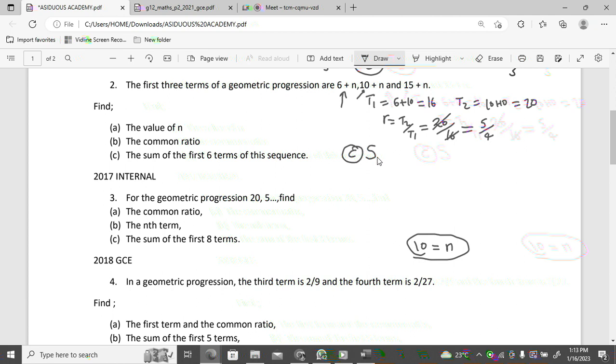And then we want to find the sum of the first 6 terms for part C. And for the sum of the first 6 terms, you first look at the ratio. What do you think? Is this ratio greater than 1 or is it less than 1?